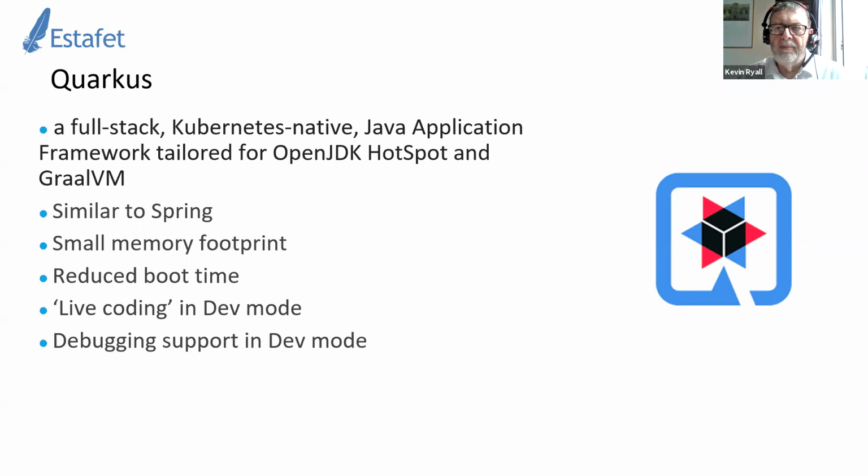And we're using a product called Quarkus, which is a new or newish OpenShift product. It's open source, but it's basically a small Java framework, with a very small memory footprint, reduced boot time, and similar to Spring.